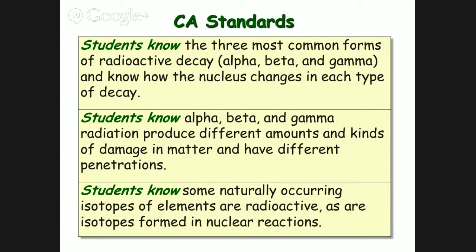Specifically, how they change the number of protons that are in the nucleus for the most part. These different types of radiation can have different amounts of damage if you happen to be in the wrong place at the wrong time. And so we'll also see how we would rate one versus the other.